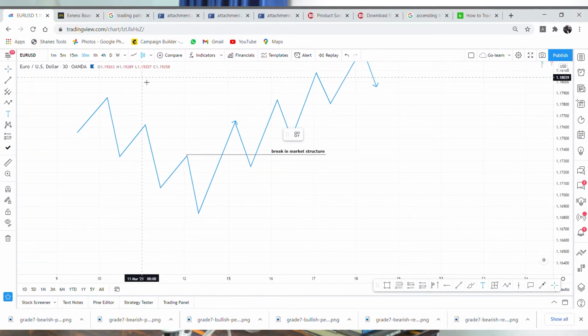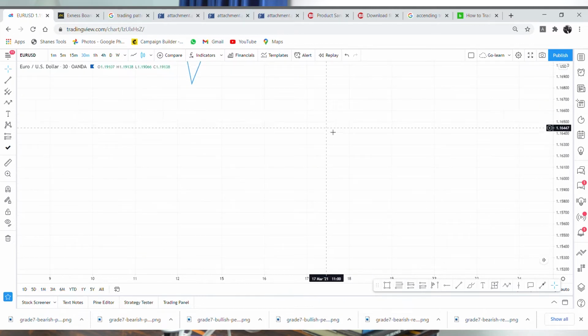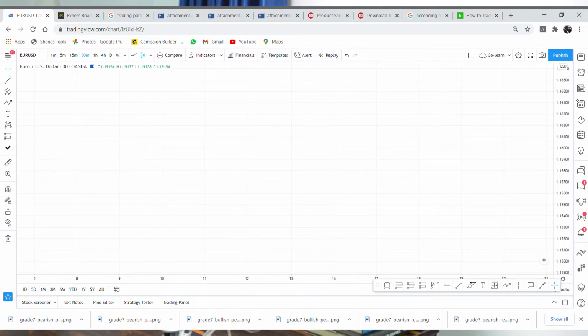This is how the trend changes. The same way a bearish market will change to a bullish market, a bullish market will change into a bearish market. Once structure is broken, that is it. It is now entering the opposite direction. That's how you know a break in market structure.